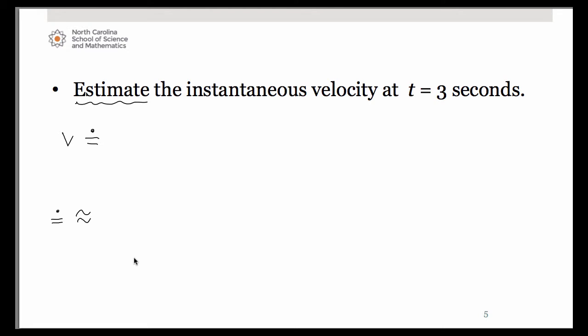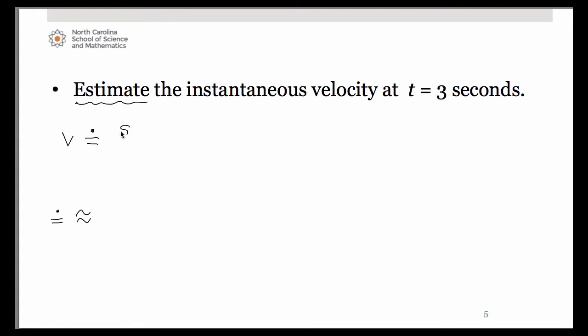We're going to use that same concept here. So let's think about choosing t values pretty close to 3 seconds, one a little bit above 3 seconds and one a little bit below 3 seconds. We do want to go equidistant on either side of 3. So let's go a tenth above and a tenth below.